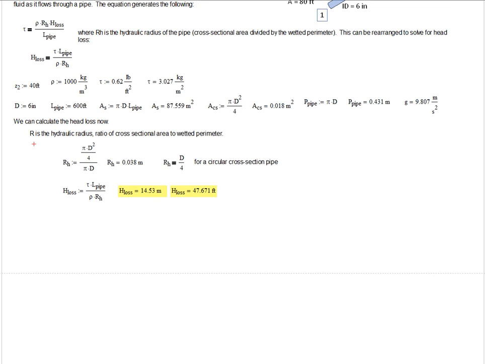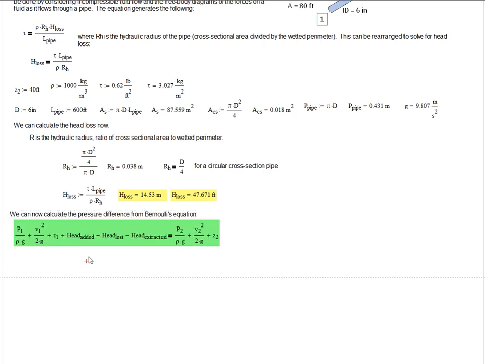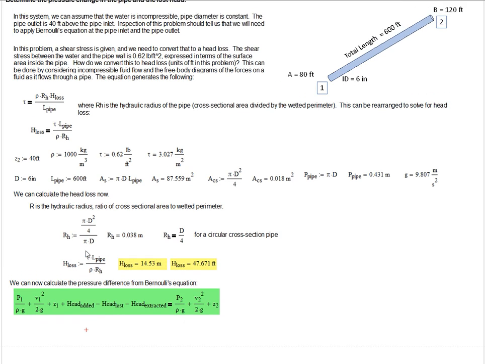So now we can finally use the Bernoulli equation and calculate the pressure difference. We're going to apply it from position 1 to position 2. So I have P1 over rho g plus V1 squared over 2g plus Z1. This is our energy at position 1.